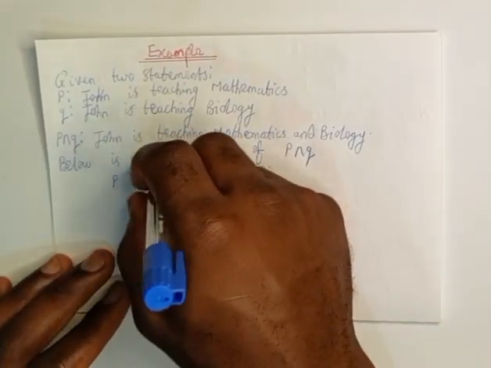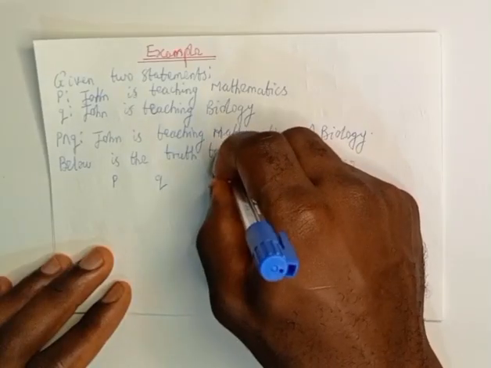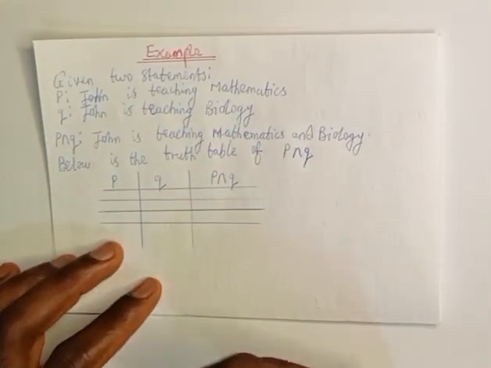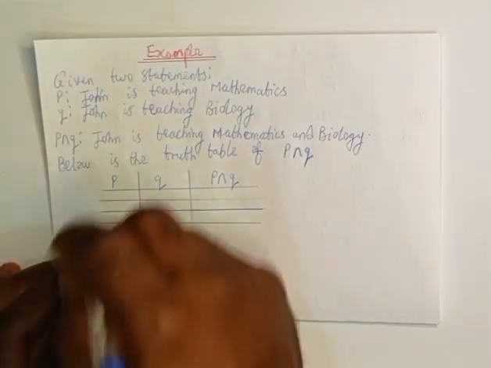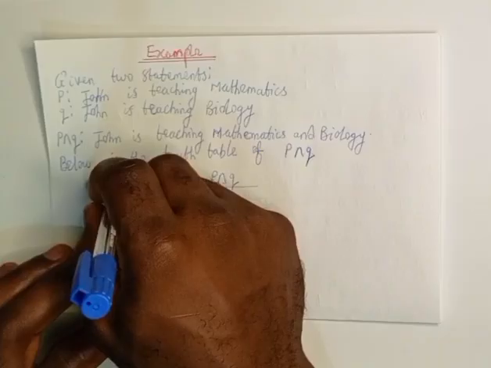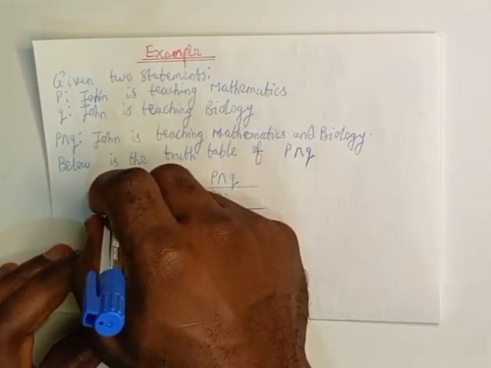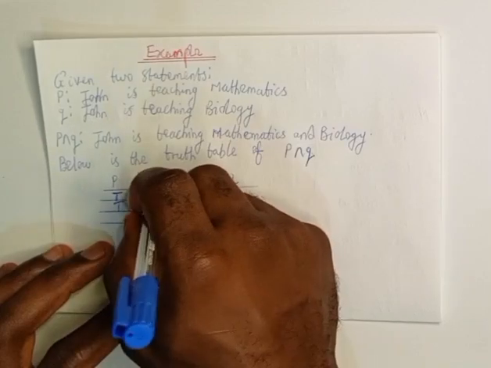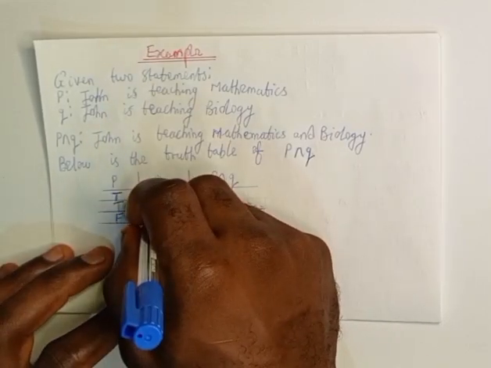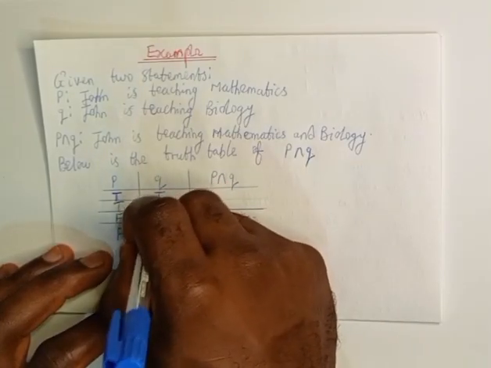The first column we have P, the second we have Q, third we have P and Q. Filling in the truth tables, we have the first possibility for P is true, Q is true. We have P true, Q false. We have P false, Q true. We have both of them false, false.